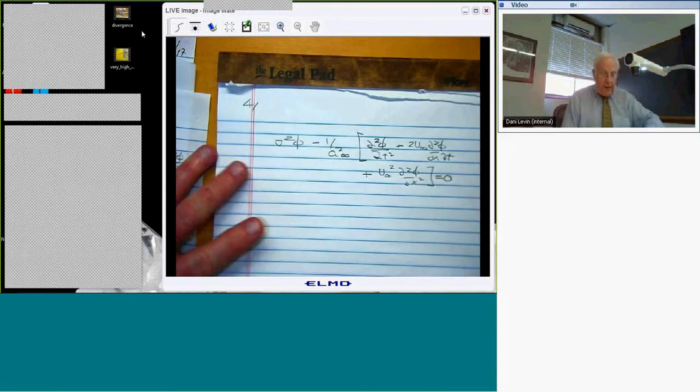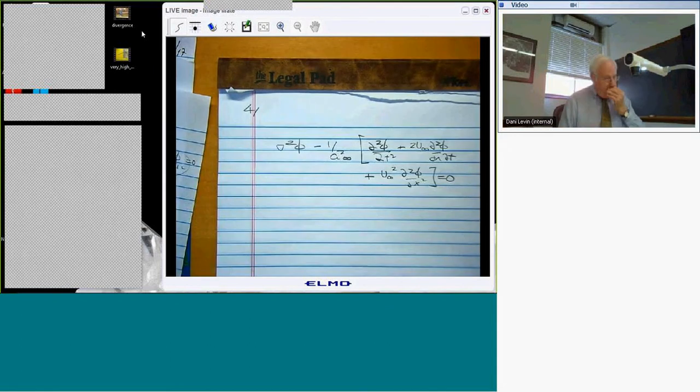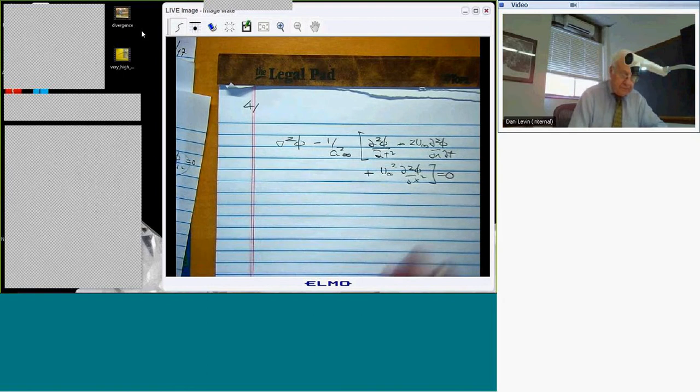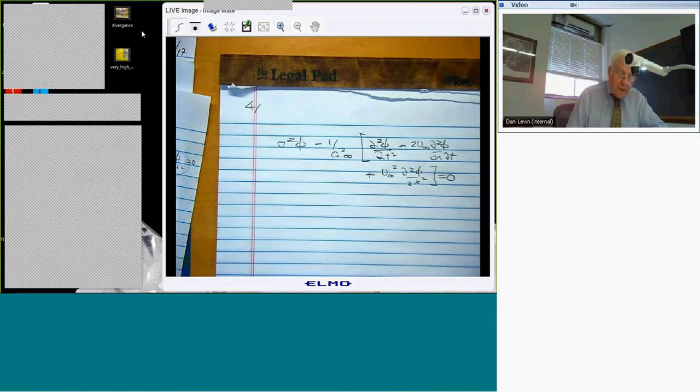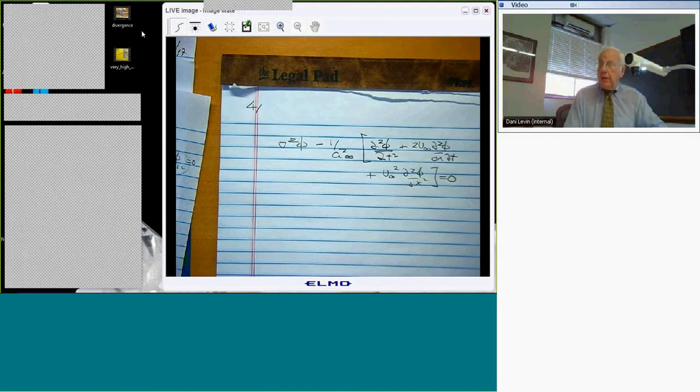Okay, but before we actually solve a problem, let's look at this a little bit. We're going to do unsteady dynamics. So every time we solve a problem, it also covers steady aerodynamics. It's a special case, right?